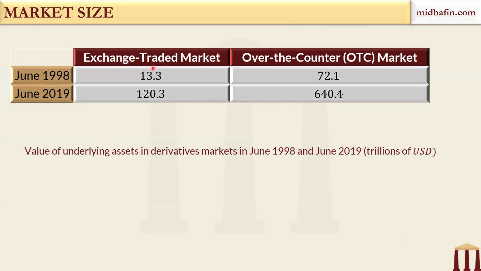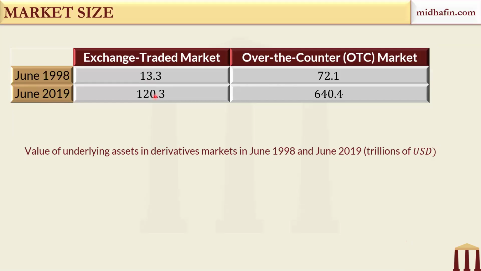You can see that in exchange traded markets, the value has increased significantly, from 13.3 trillion USD in 1998 to 120.3 trillion USD in 2019. This indicates the growing popularity and use of standardized contracts on exchanges.